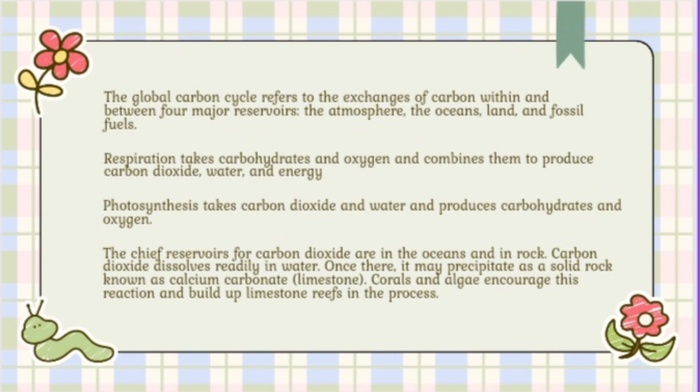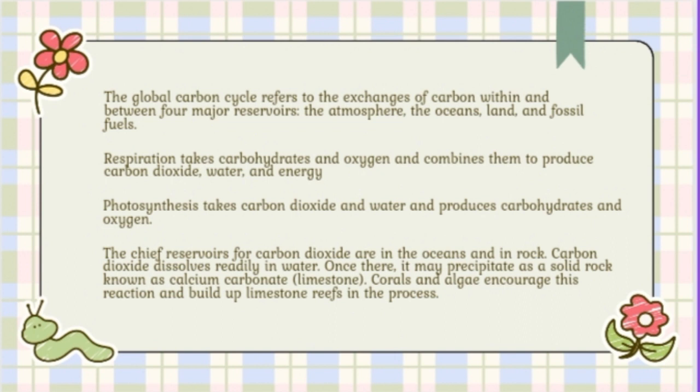On land and in the water, plants take up carbon dioxide and convert it into carbohydrates through photosynthesis. This carbon in the plant can possibly be liberated to the atmosphere by the plant through respiration, eaten by an animal, or it can be present in the plant when the plant dies.